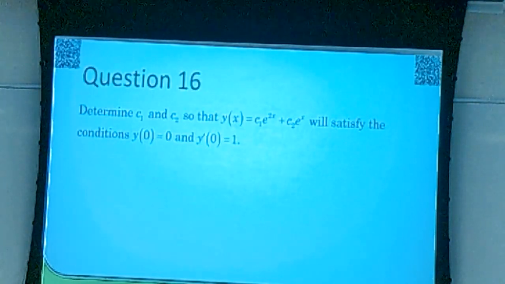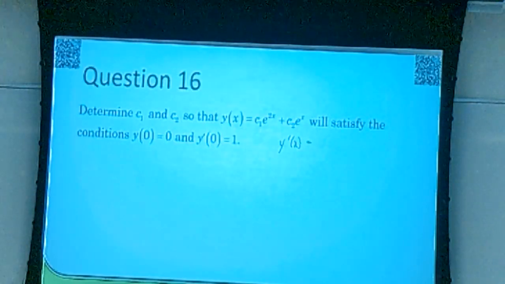Determine C1 and C2 so that y of x satisfies your initial conditions. y of 0 equals 0, y prime of 0 equals 1. That's right, y prime. What is y prime?